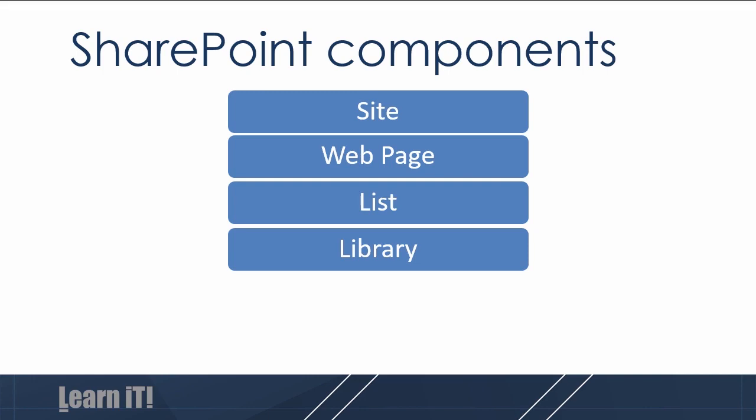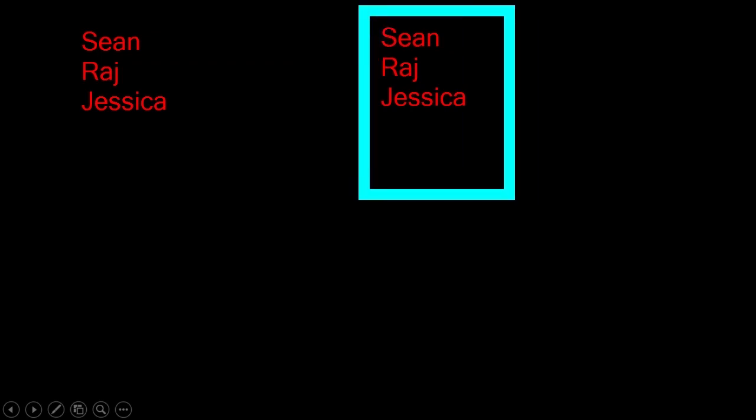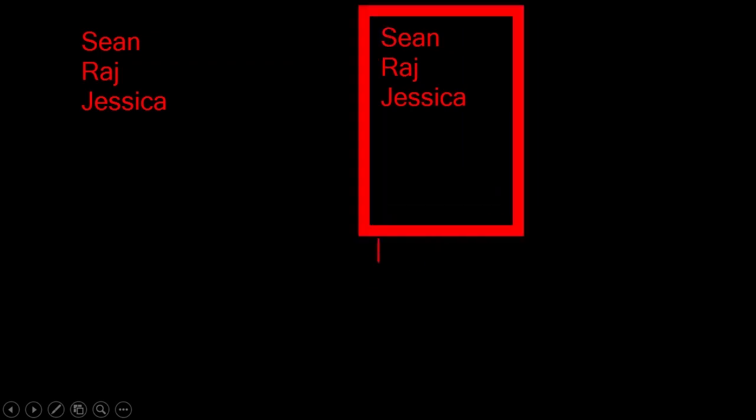So the key distinction here might very well be, on one side, I've got a list of names. And on the other side of things, I've got that same list of names, this time, however, stored inside of a Word document. This is the fundamental difference between lists and libraries.